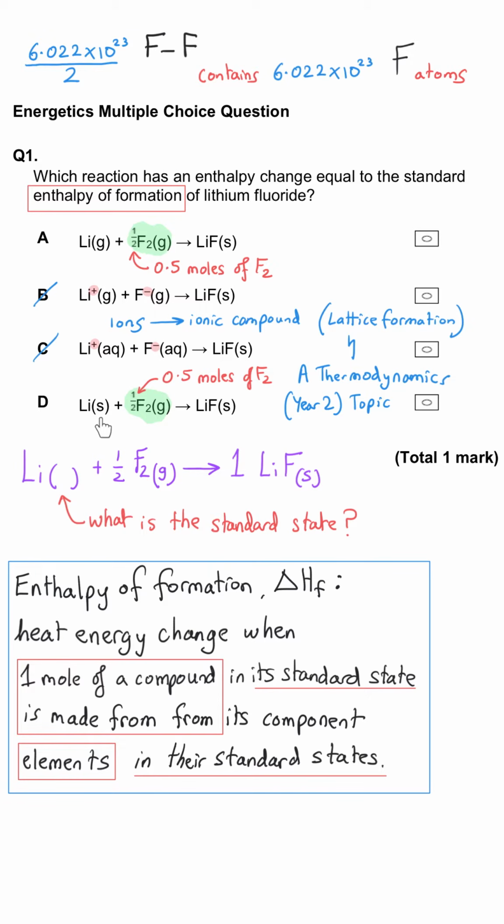The lithium in D is in its solid state. In A, it is in its gas state. And the standard state for the group 1 metals, the alkali metals, is a solid. And so that means that D is the correct answer because lithium is in its standard state, fluorine is in its standard state, and we're making 1 mole of this ionic compound.